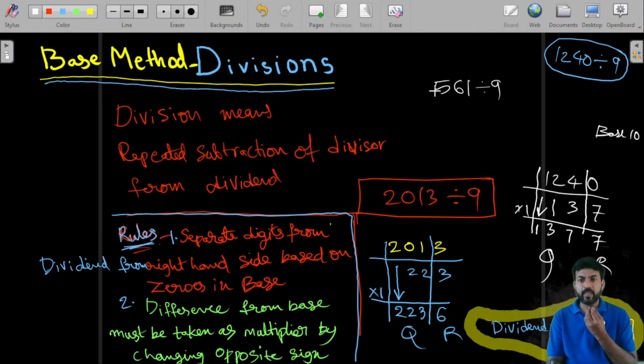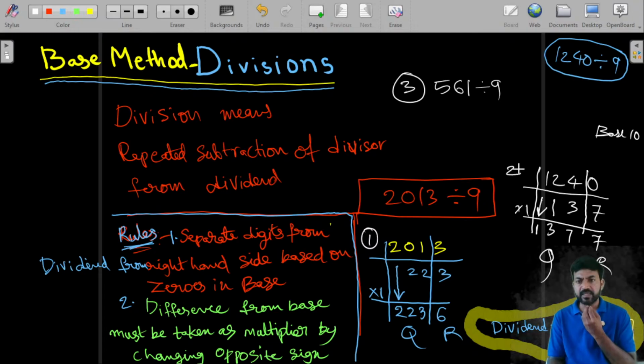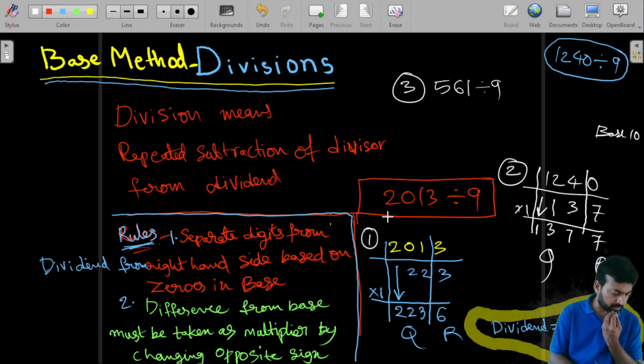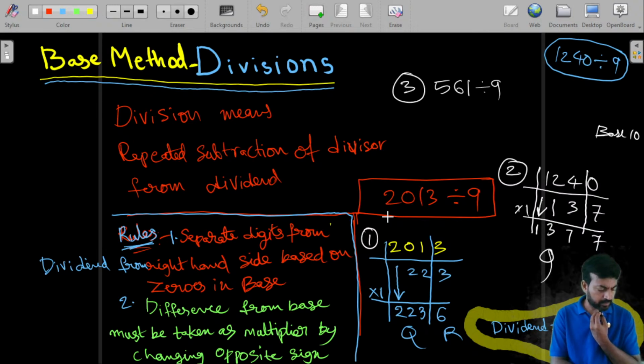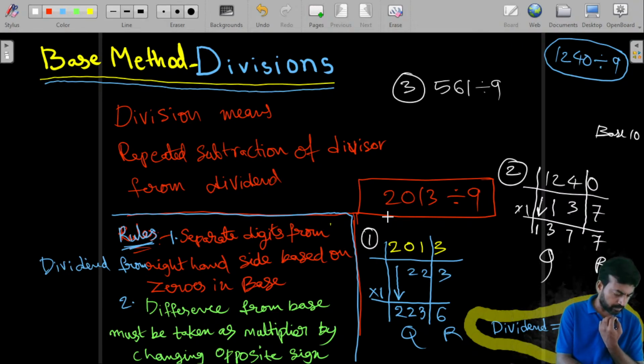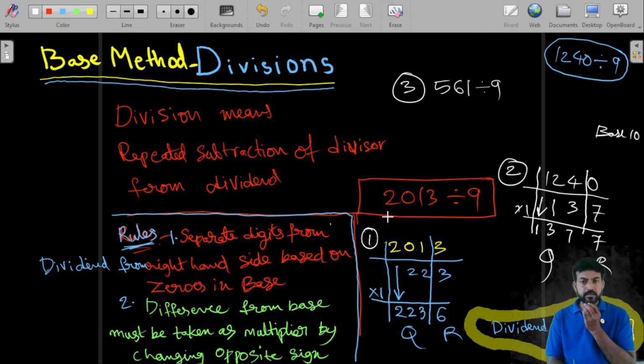Complete this problem. This is the third problem. This is the first problem according to this base method of division. This is the second problem, and this is the third one. There is a different one.